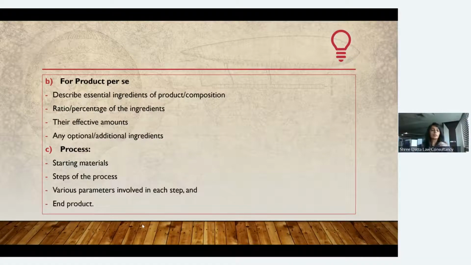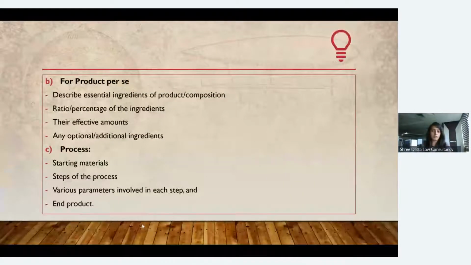And for the process, what is the starting material, what is the end material, what are the process steps, in which any particular specific parameter will be there, specific temperature, specific humidity, any catalyst used. All these things you have to segregate from the details given in your paper, and based on that you have to draft the claims.